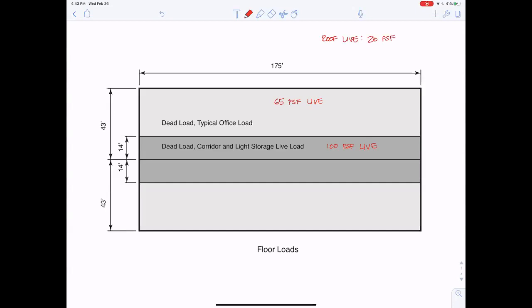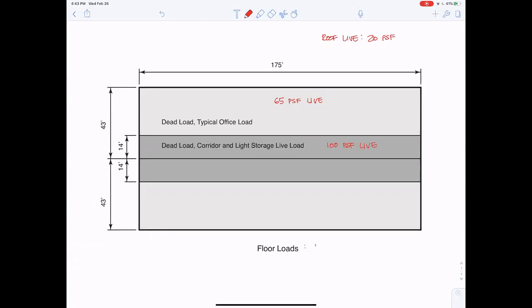The dead load for the floor was 16 PSF, and the dead load for the roof was 8 PSF. Let's design the slab in this little section here with the 100 PSF live, 16 PSF dead, plus the self-weight.